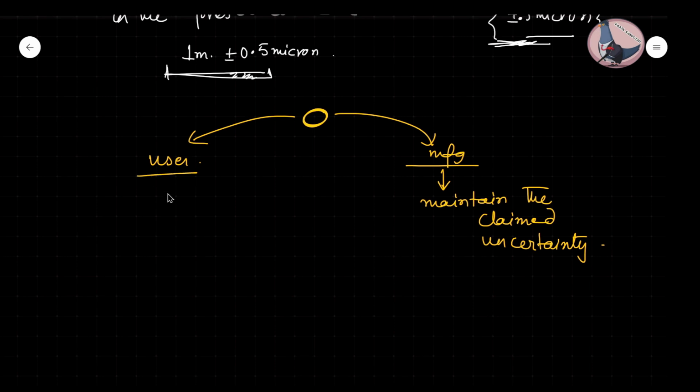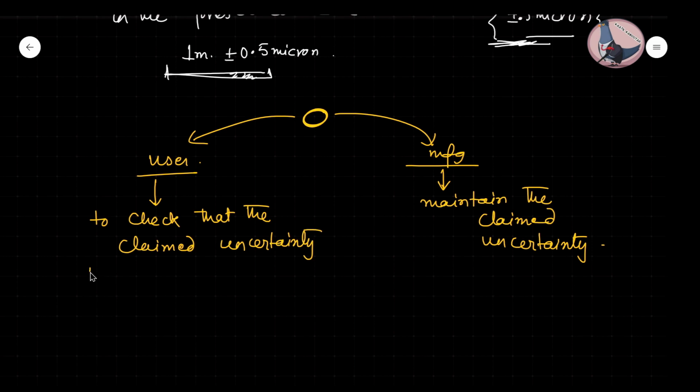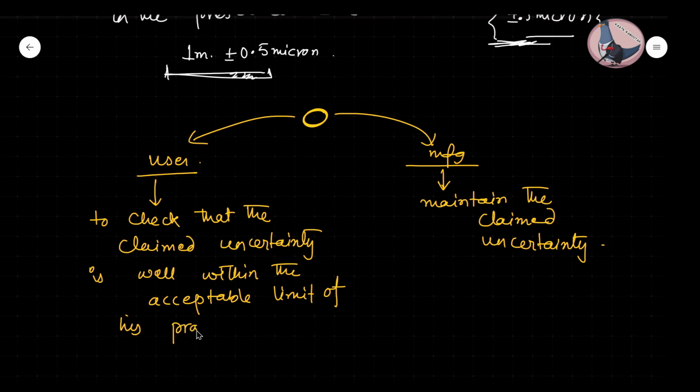And the user's aim will be to check that the claimed uncertainty is well within the acceptable limit of his product's spec.